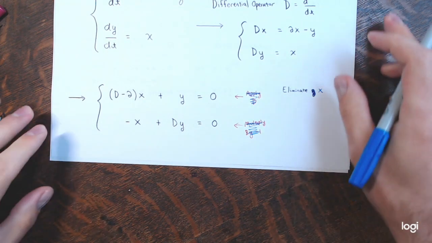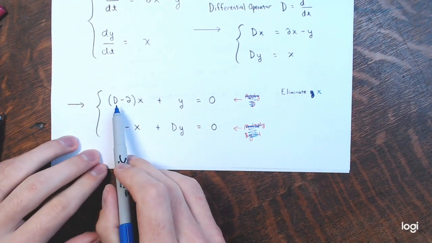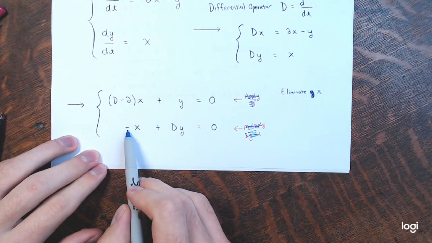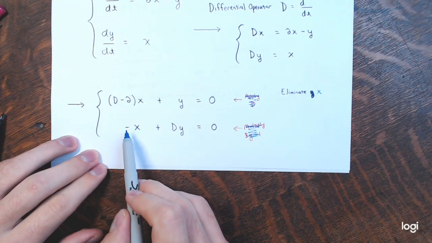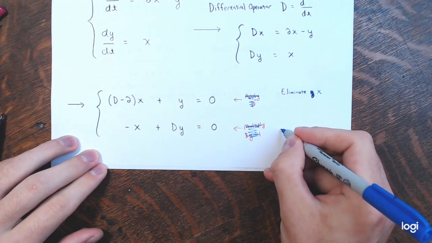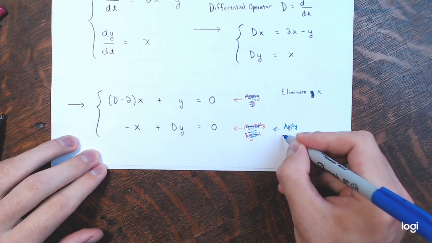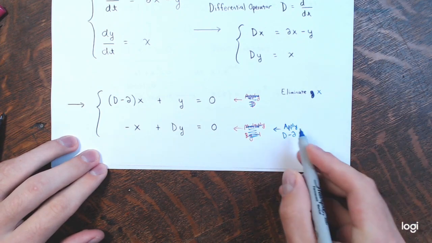If I want to eliminate x, this has the operator D minus 2 in front of it. This has a minus in front of it, so it just needs the operator D minus 2, and then they'll be opposites. So all I'm doing is applying the operator D minus 2 to everything.